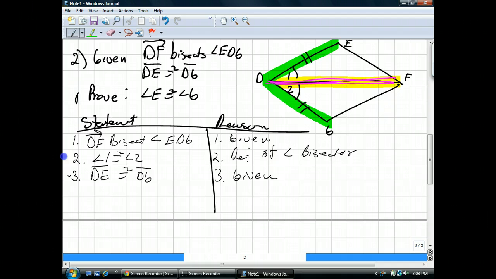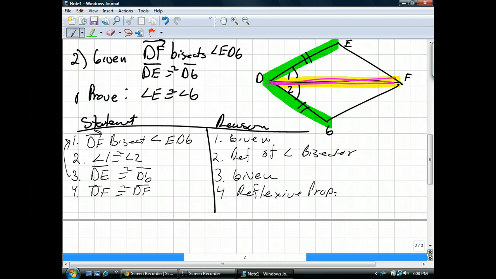We could have just put this in number 1 because it was all in our given, but this is the way that we reasoned it out. And then we said, well, segment DF is congruent to segment DF by the reflexive property.